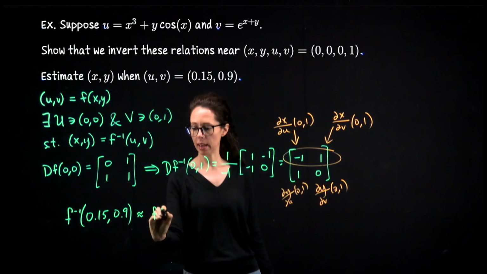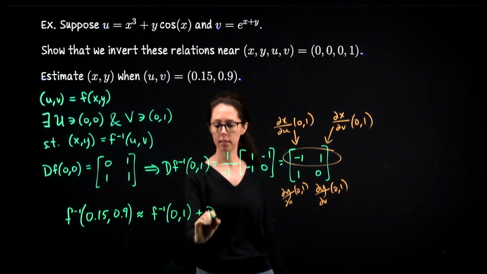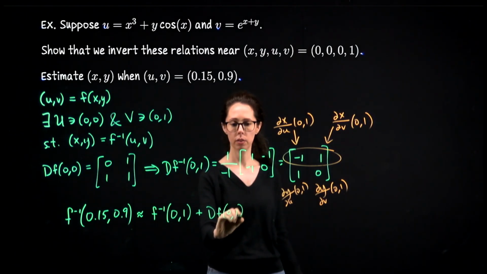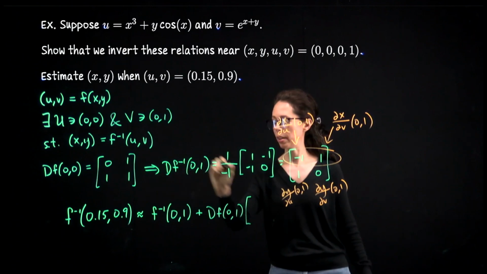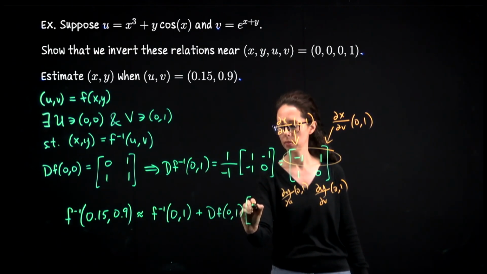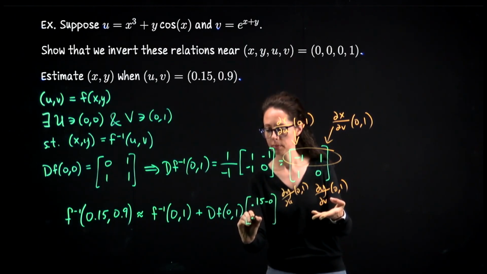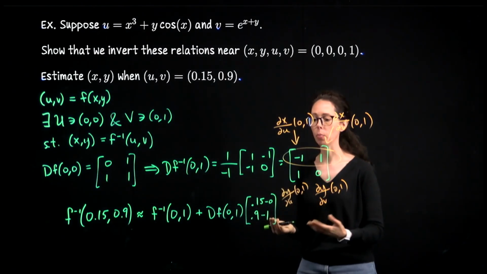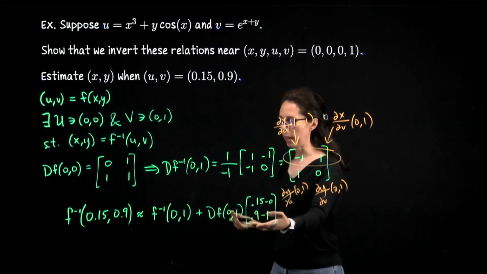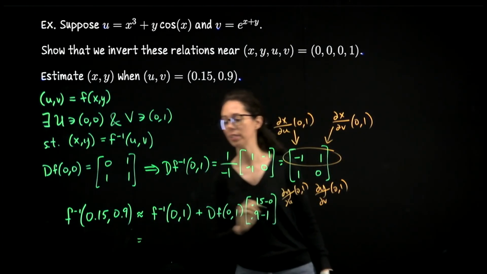So that's like f inverse at 0, 1 plus the Jacobian matrix at 0, 1, which we have right here, times the vector 0.15 minus 0, and 0.9 minus 1. So x minus the known x point, y minus the known y point. So 0.15 minus 0, 0.9 minus 1. Okay. And then we have all of these pieces of information.